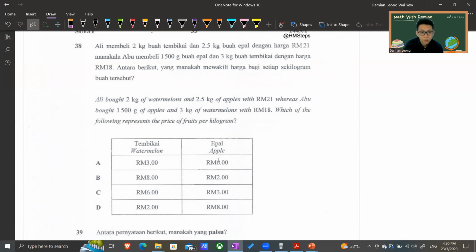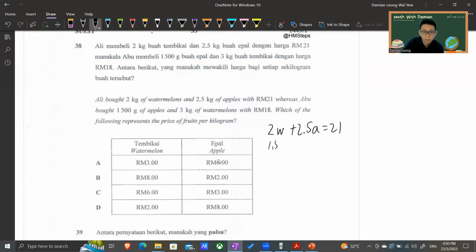So 2 kg times the price per kg of watermelon plus 2.5 kg times the price per kg of apples is 21.